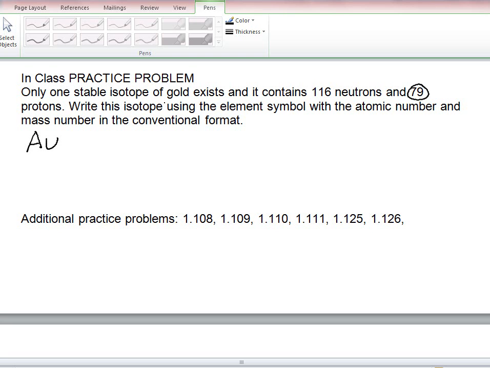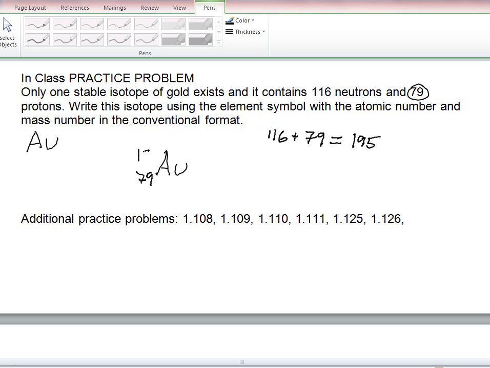So we want to write this isotope using the element symbol with the atomic number and mass number in the conventional format. So here we write Au, atomic number always goes on the bottom, 79, and then the atomic mass is going to be the total of neutrons plus protons. 116 plus 79, 195.